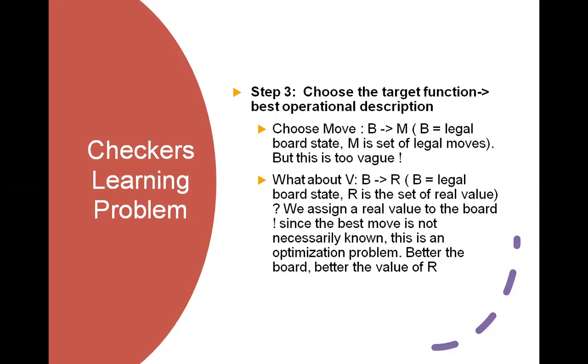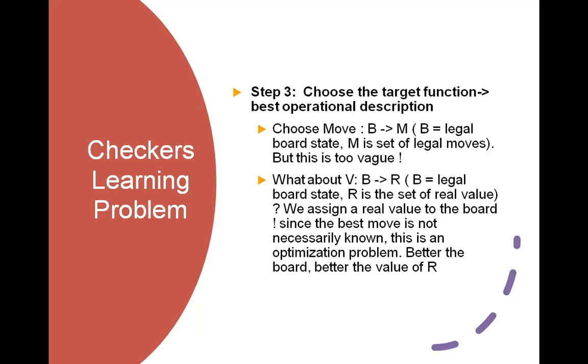In this checkers game, the most important thing is, in any given board state, what move the computer will make. Each and every move will matter. So our target function is nothing but ChooseMove. From where to where you are going to move the pawn, that is the target function.